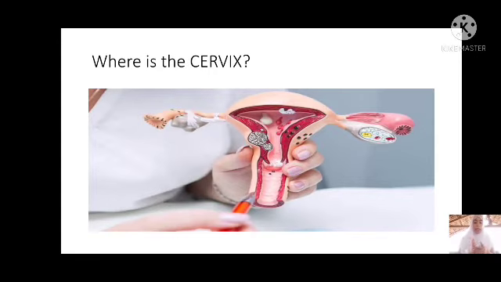So the next is the highest part, the endocervix. So tinatawag siyang endocervical canal. It's the passage between the ectocervix and the uterus. Then the third part of the cervix is the point in the middle where the endocervix and ectocervix meet. So it's called the transformation zone.